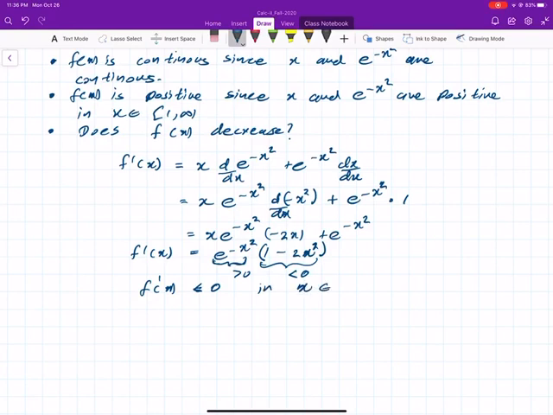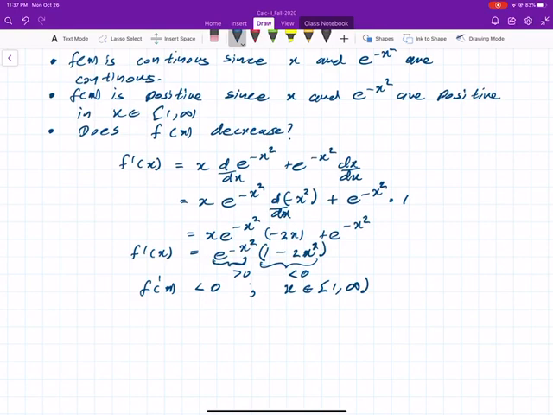In x, let me write it like this. This is negative in x in the interval 1 comma infinity.